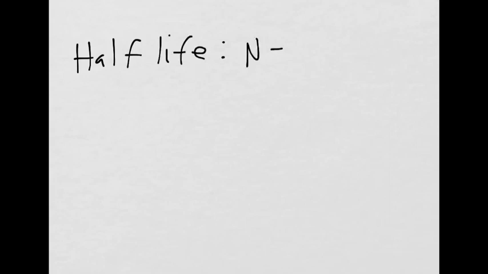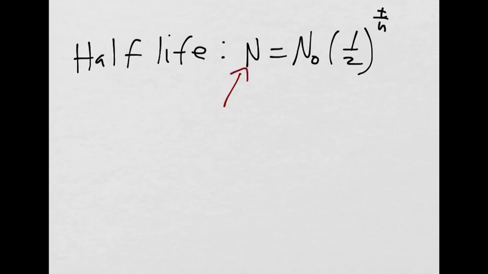Okay. For the half-life formula, we have N equals N naught times 1 over 2 to the power of t over h. Okay, and I just want to identify some of these variables because it's important that you know what they are, especially when you need to use them in your assignment. This N right here, what would that be?